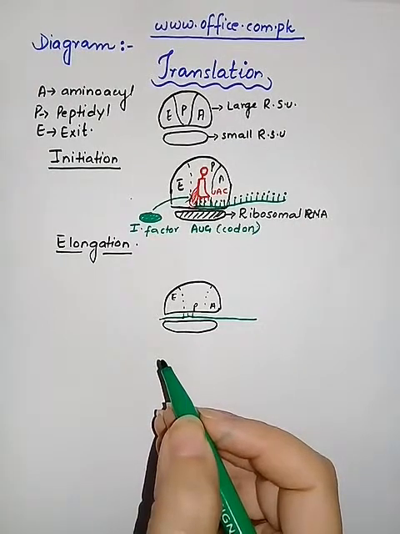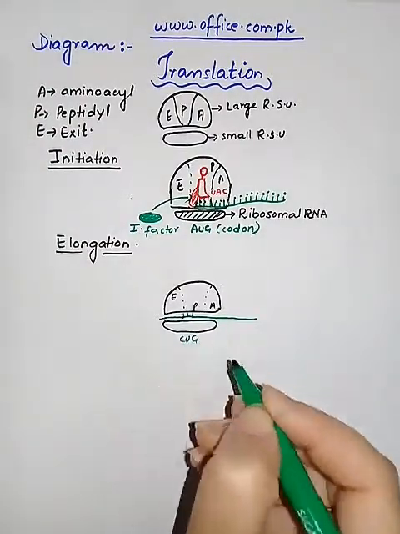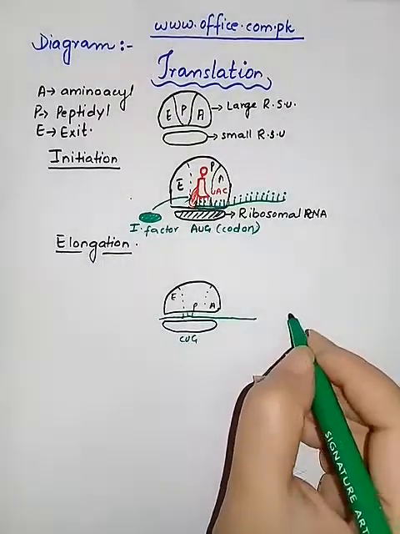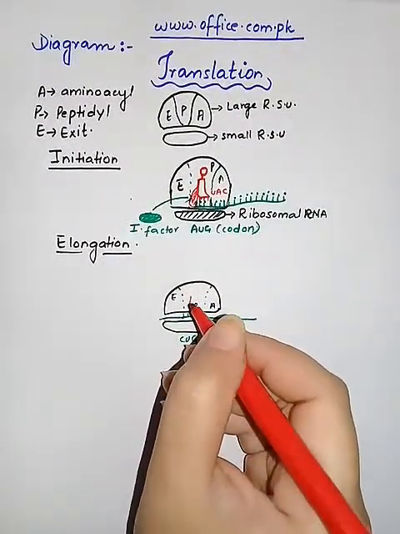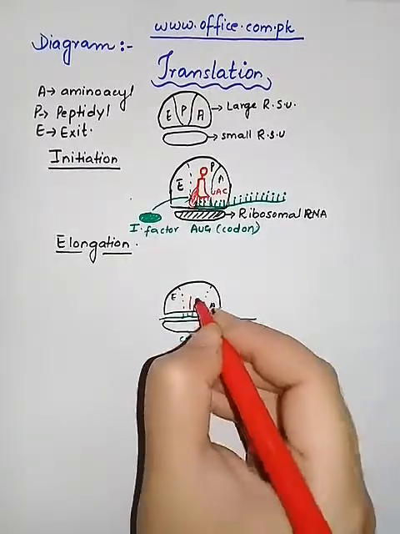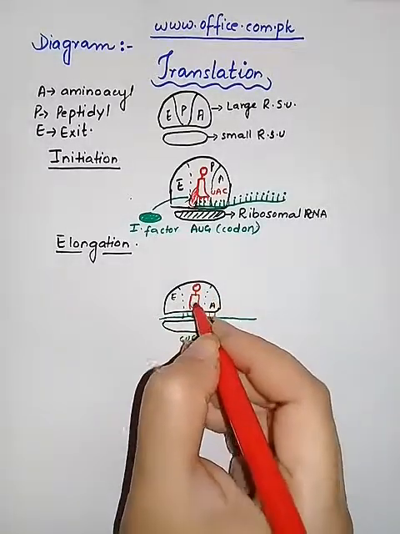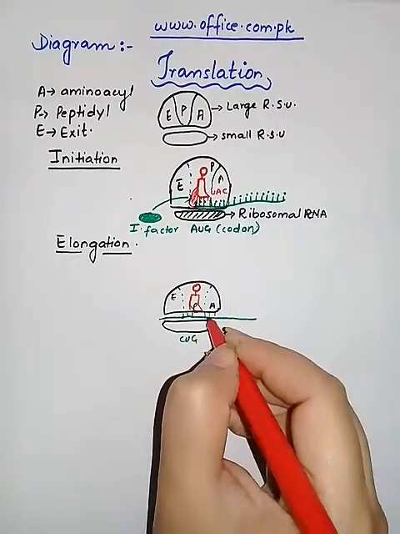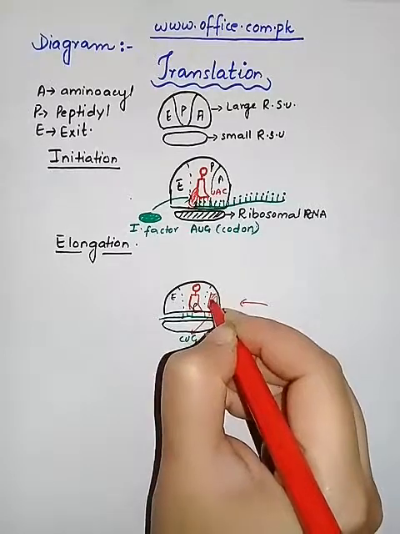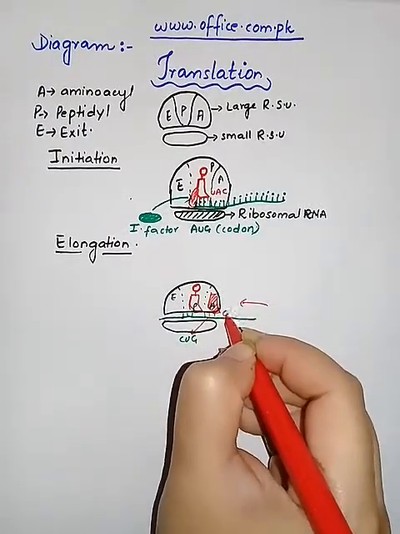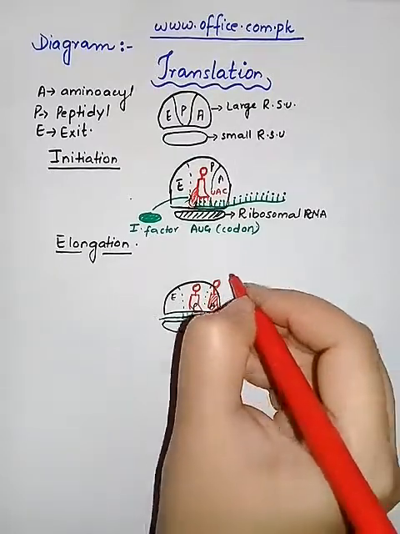The first transfer RNA is still attached here with methionine, chemically modified methionine. When the CUG is read here, another transfer RNA will come. This transfer RNA will have the anticodon GAC and another amino acid. Let us suppose here it is leucine.